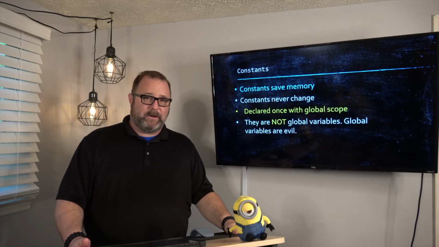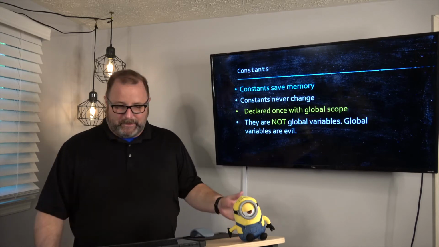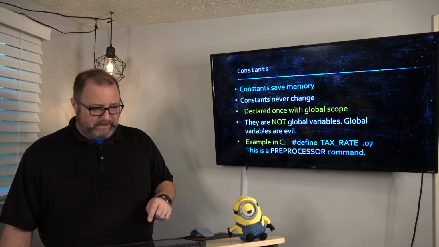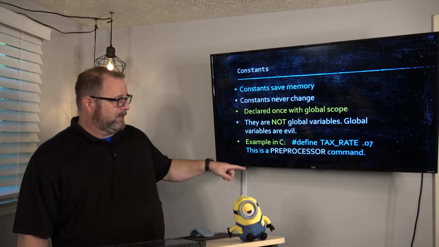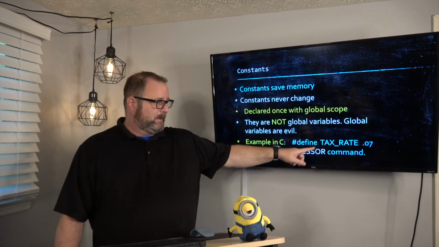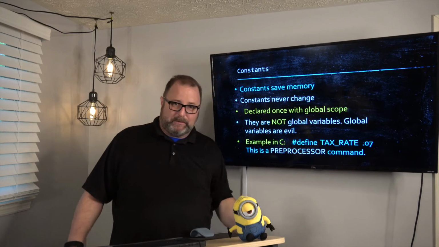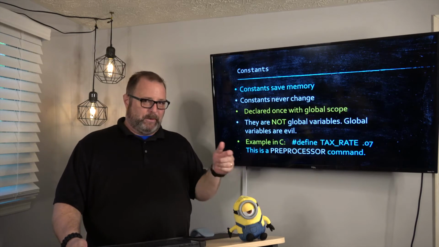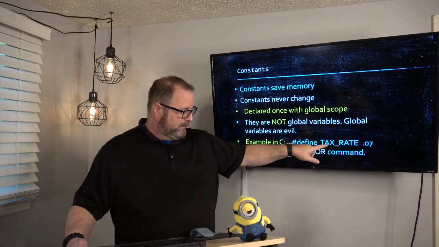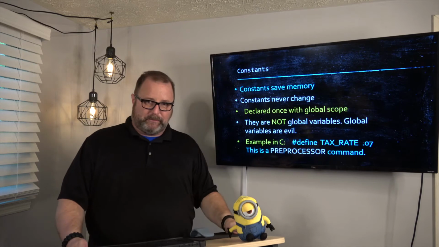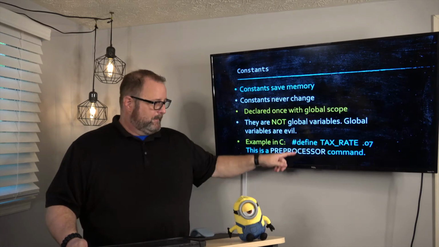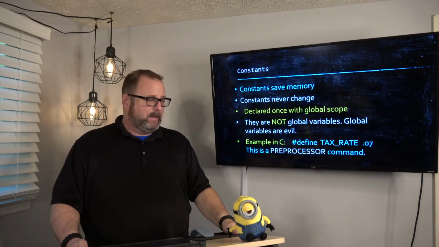And they are authorized. A good example of what you might use would be a tax rate. If I said in C, #define TAX_RATE 0.07, then anytime I refer to tax rate, it's going to pull up 0.07. Notice that constants are all capitalized. That tells me when I'm reading your code, oh, that's a constant.